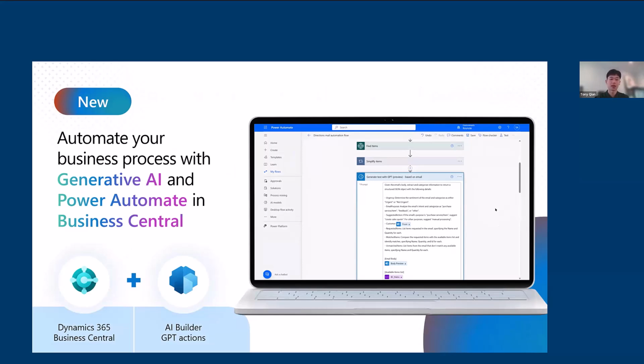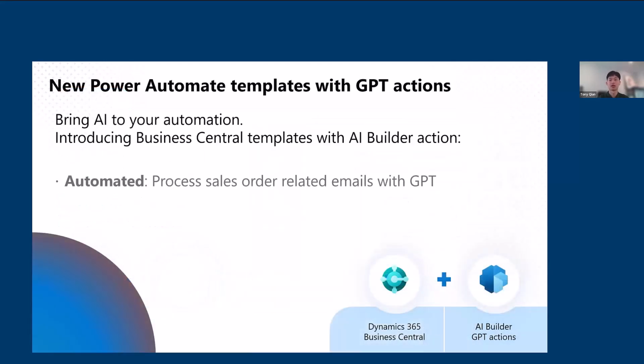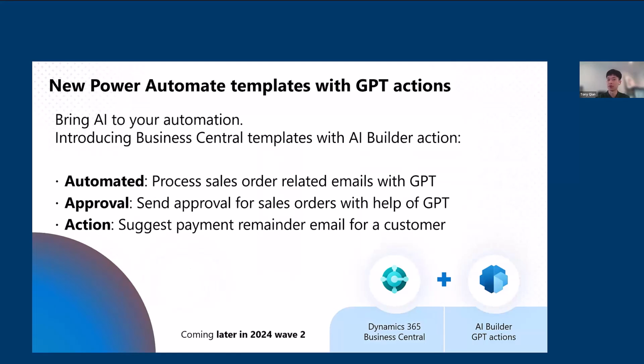So you can use AI Builder if you have, for example, a PDF that you want to have OCR look at, extract the information, and automatically generate an approval process and send to your approver. That's something that can be easily done by leveraging AI Builder because we have GPT actions inside of it as well. It works with automated flow, works with approval flow, and also with the actions as well.